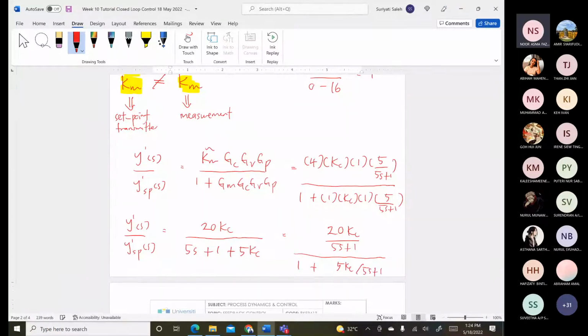So if you want to remain like that, it's also acceptable. No problem. So this is the form. Either you expand, you simplify it, or you just do the simple expansion and leave as it is.